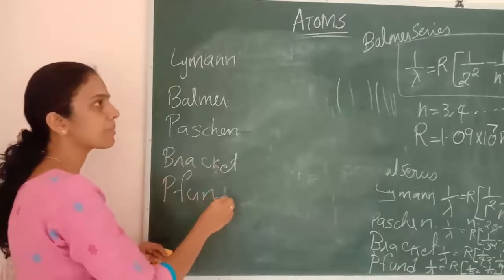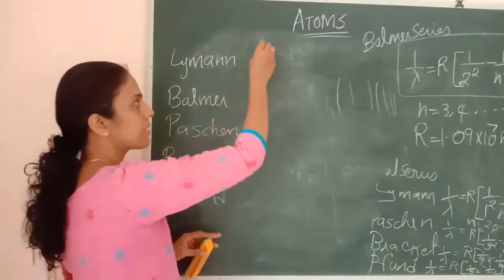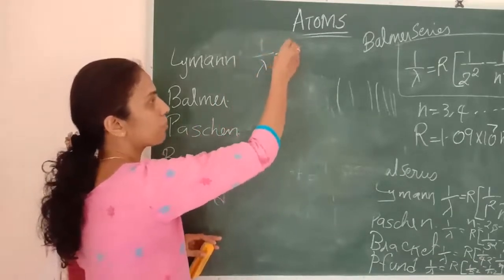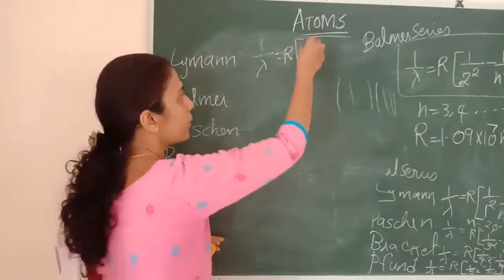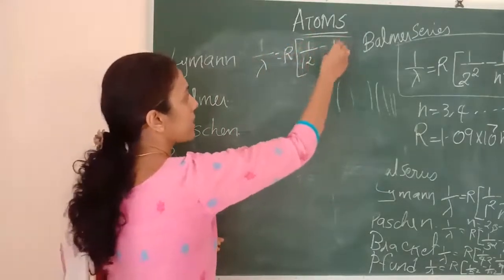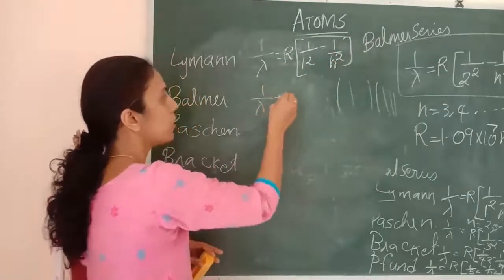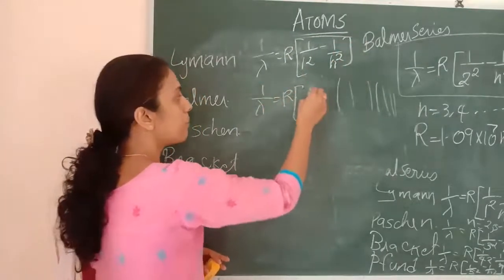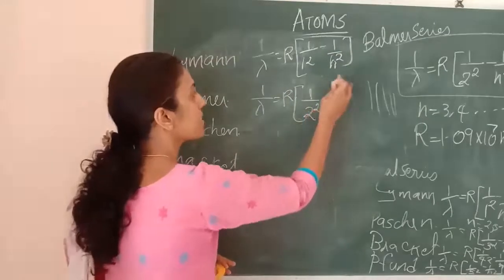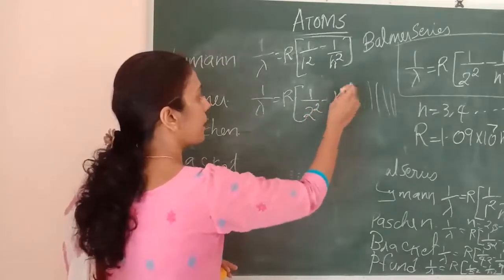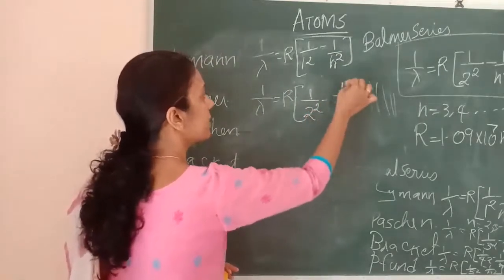These formulas can be asked in numerical type questions. For Lyman, 1 by lambda equals R into 1 by 1 square minus 1 by n square. For Balmer, 1 by lambda equals R into 1 by 2 square minus 1 by n square.